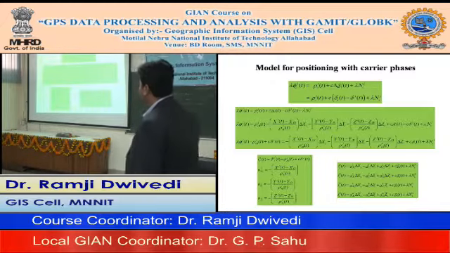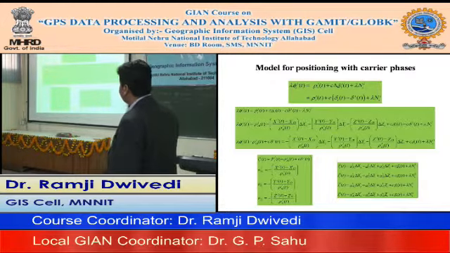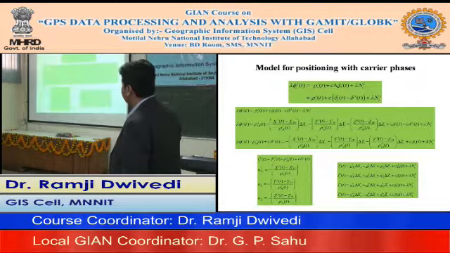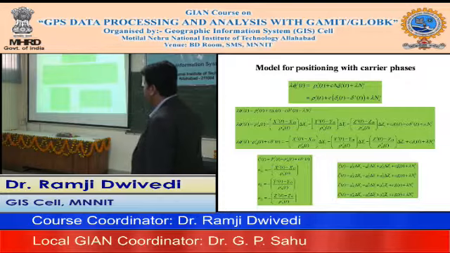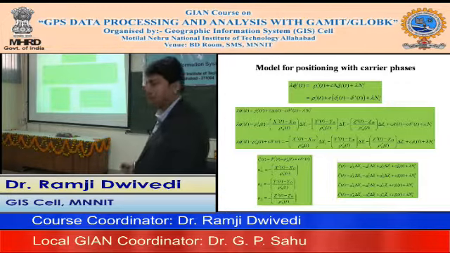So lambda phi ij, we would write the equation similar to the previous explanation of Taylor series expansion, and will not repeat it here. So this second portion would automatically become clear to you. Then we have again the receiver clock offset, satellite clock offset, as well as this ambiguity term. So this equation is written in units of meters.